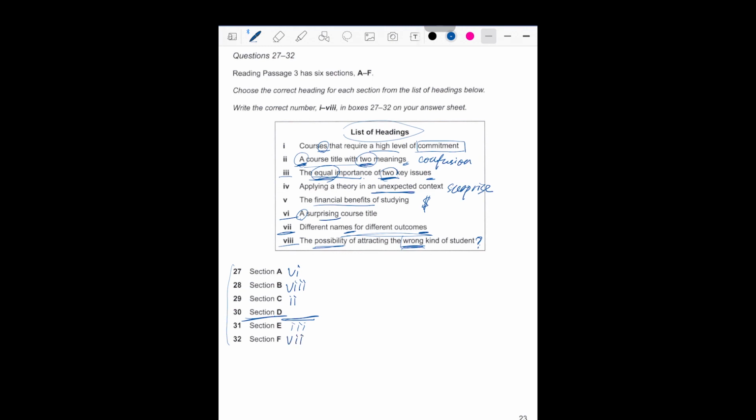So, okay, now let's take a look at all the choices we have done. We have chosen this one as well. And section D is undecided. We have four unchosen headings here. Let's rule them out since we have already read the passage and we cannot decide what the heading for paragraph D is.